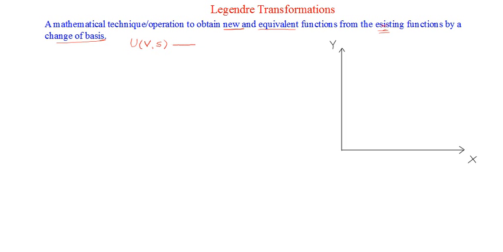So we have defined the second thermodynamic potential, namely the enthalpy, H, and we have seen the natural variables of H were defined as P and S.